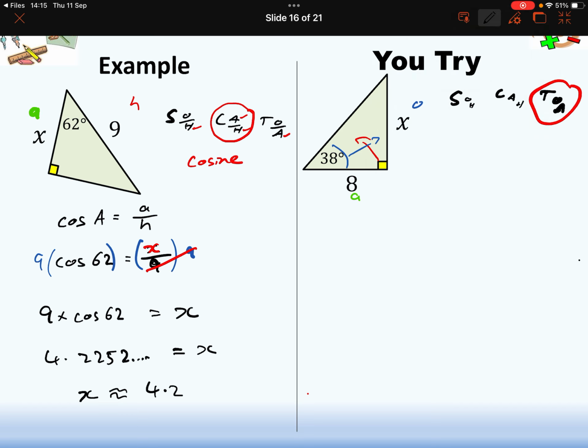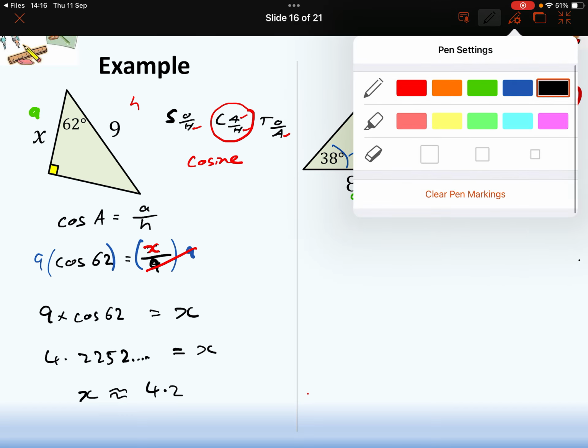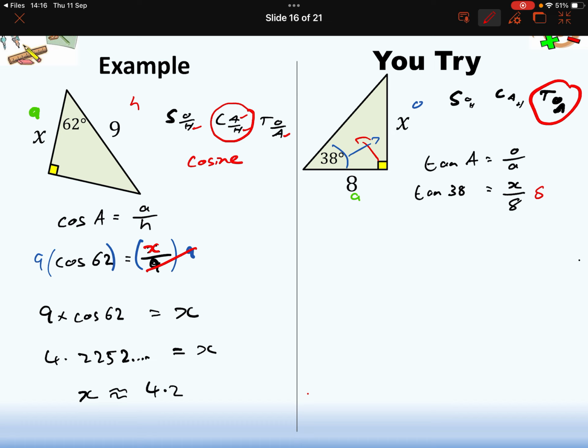So let's write down the tan, for short, of the angle equals the opposite over the adjacent. Fill in what I know. The tan of 38 equals the opposite over the adjacent. I need to get the x by itself, so I'm going to multiply both sides by 8 to get rid of that fraction.